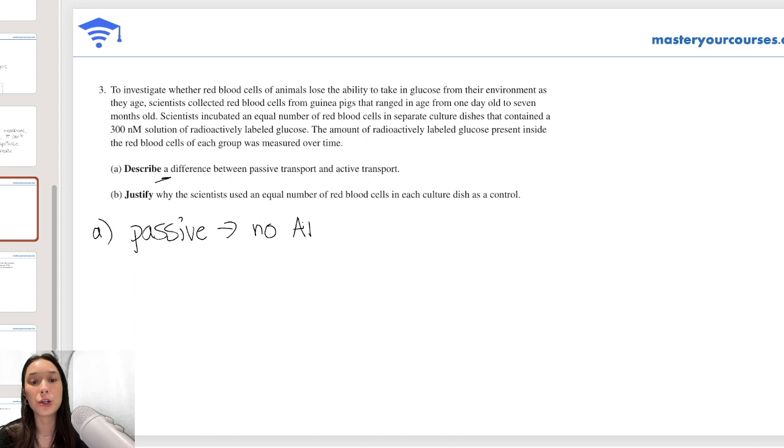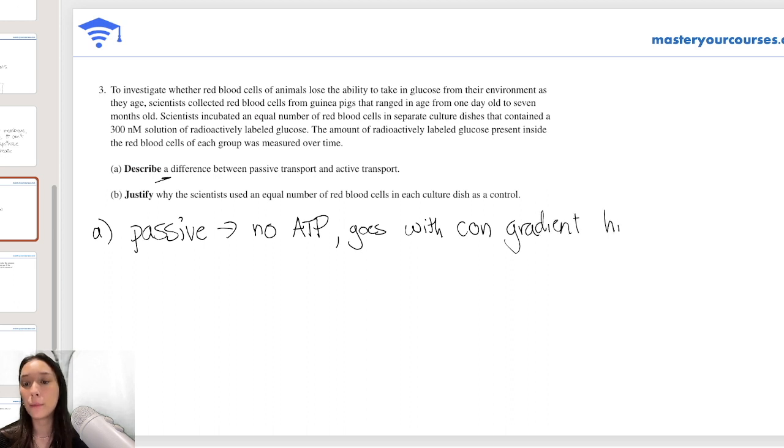You can say it requires no ATP, it's spontaneous, no energy input, anything like that. And since it doesn't require any ATP, it goes with the concentration gradient. Or you could say it moves from high to low, which is with the concentration gradient.